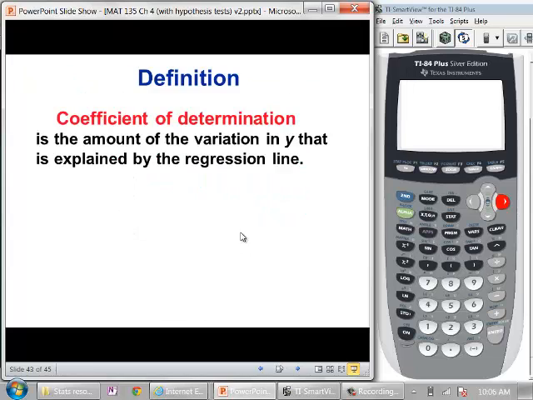Now the only thing about that you really need to understand is when we talk about the coefficient of determination, that's the r squared, that's the amount of variation in y that is explained by the regression line. So that's r squared. It's the explained variation over the total variation. And that gives us a percentage of how much of the variation is explained by the regression line.